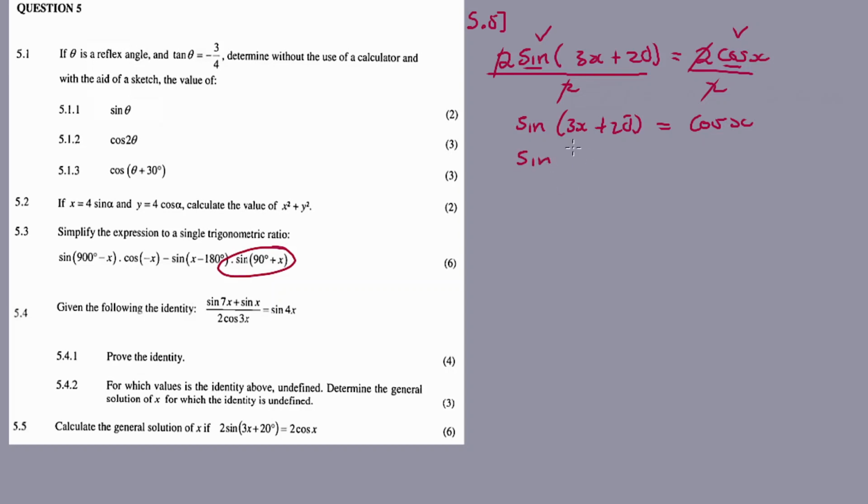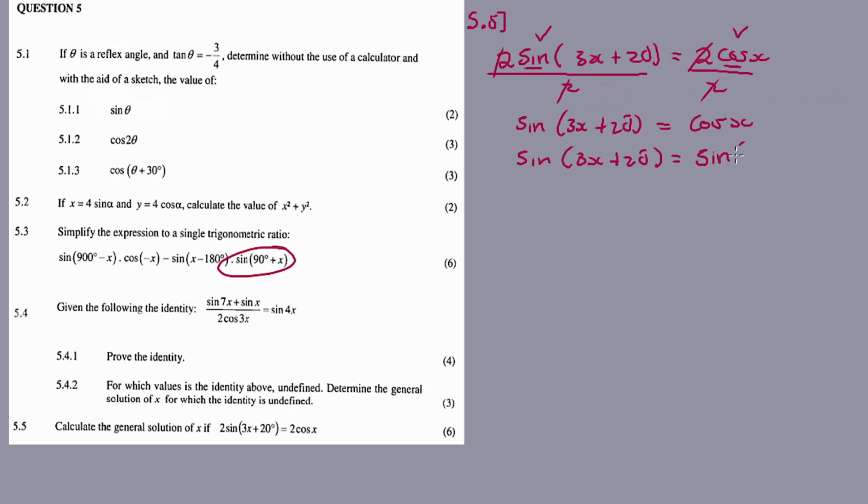So we have sine (3x plus 20 degrees) equal to cos x. We only need one trigonometric ratio, so I can write sine as a co-function of cos, or I can write cos as a co-function of sine.